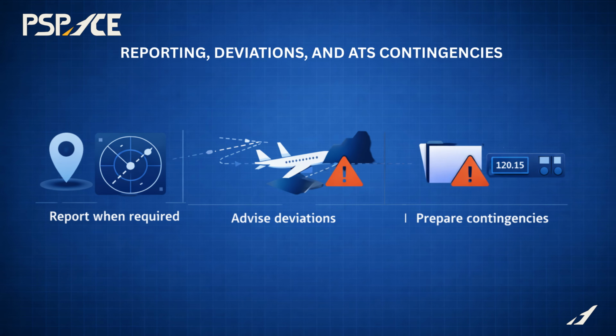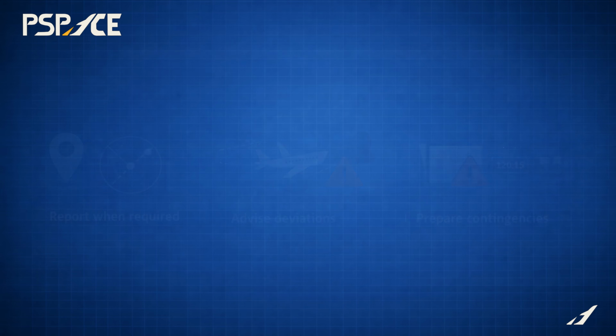It is tested most heavily when the flight can no longer continue exactly as cleared, exactly as filed, or exactly as expected. A robust operator system therefore prepares the crew for both normal ATS use and degraded ATS situations.